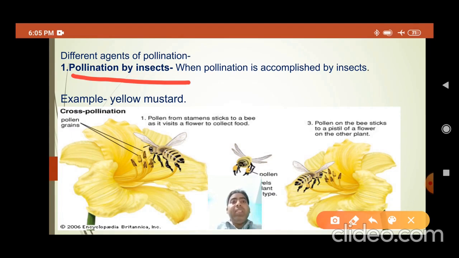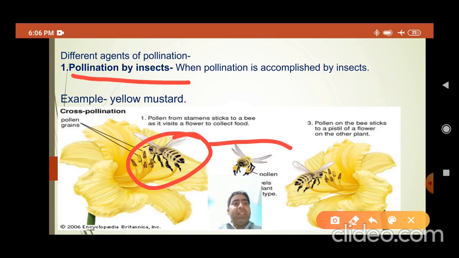When these insects visit the flower, the pollen grains from the anther stick to their bodies, and when these insects sit on another flower, these pollen grains get rubbed off, causing pollination. You can see here these insects sitting here and moving to this place. Here the bees touch the pistil of another flower. That is pollination by insects.